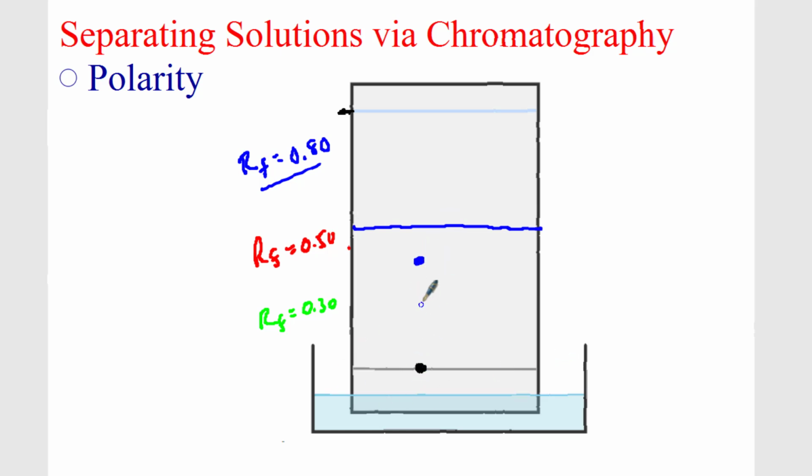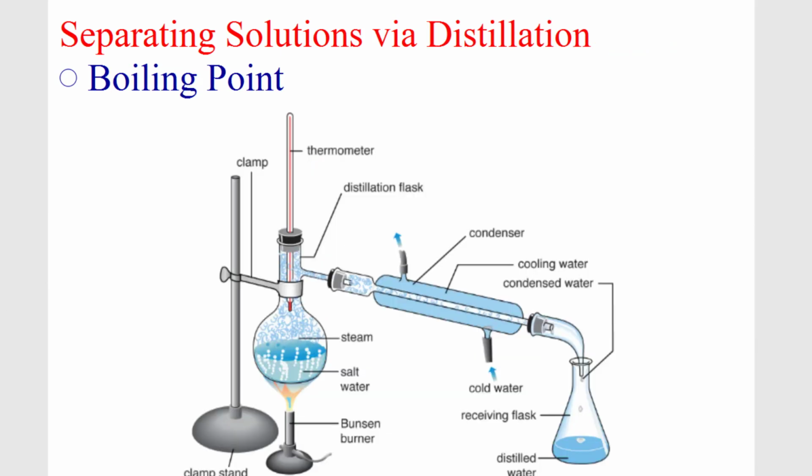The blue is going to separate 80%, the red 50%, and the green 30%. It's still going to keep the same ratio that it did on the long solvent front, because they make the same attractions to this solvent. So that's separating via paper chromatography.